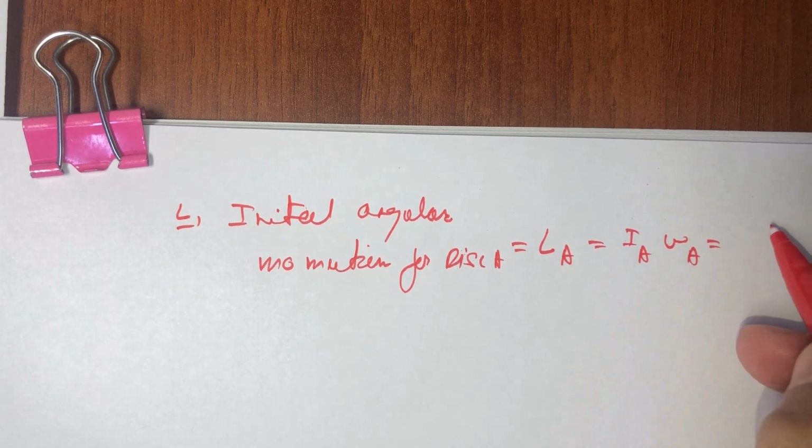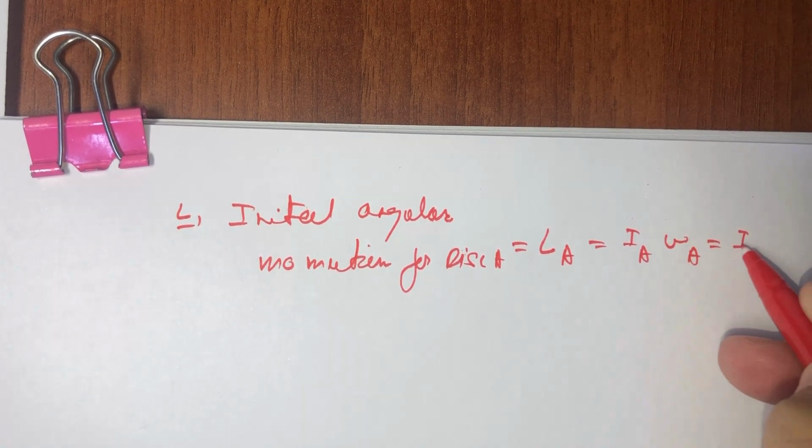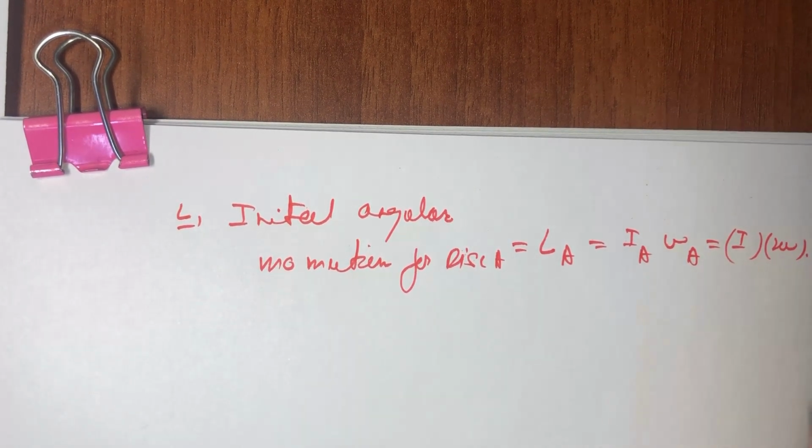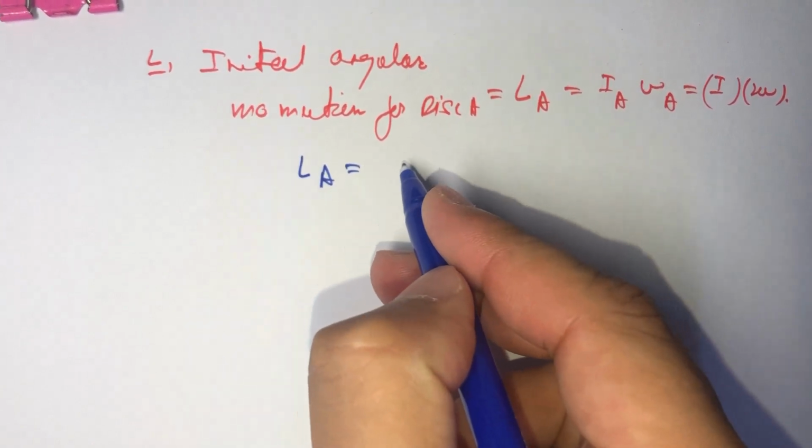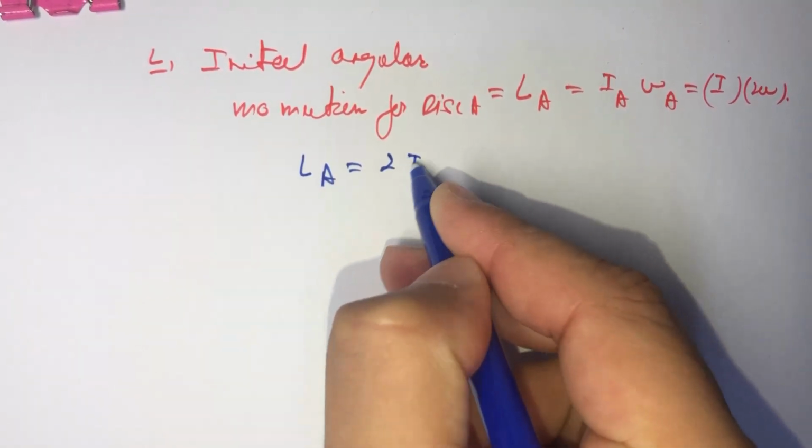The moment of inertia for disk A is I and the angular velocity is 2 omega. Therefore L_A comes equal to 2I omega.